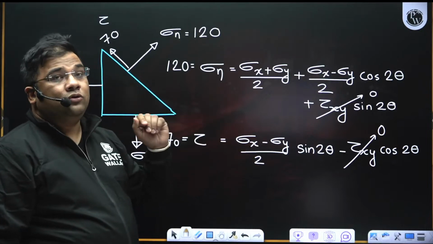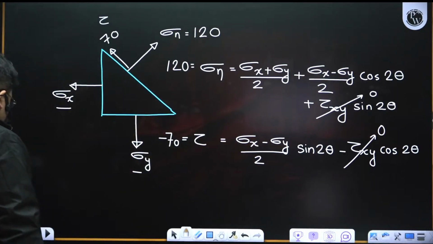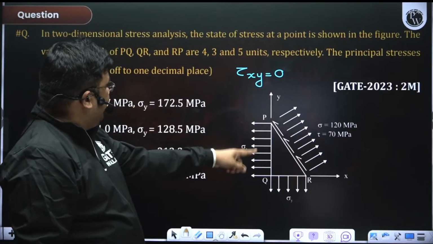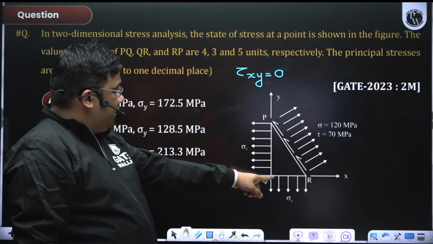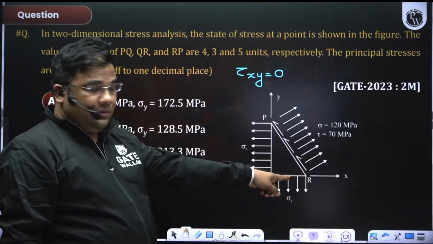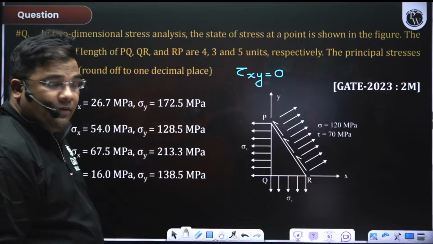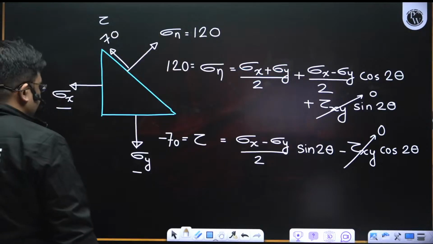Theta is also unknown, but we can find it from the information given here. PQ is 4, QR is 3, and PR obviously will be 5.